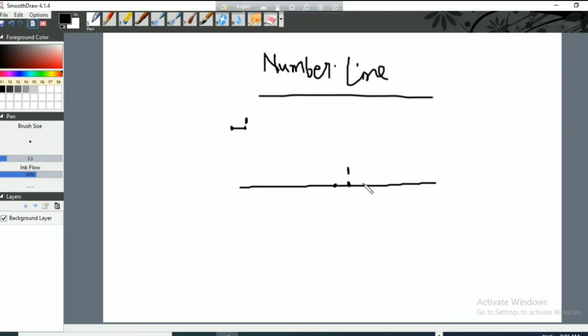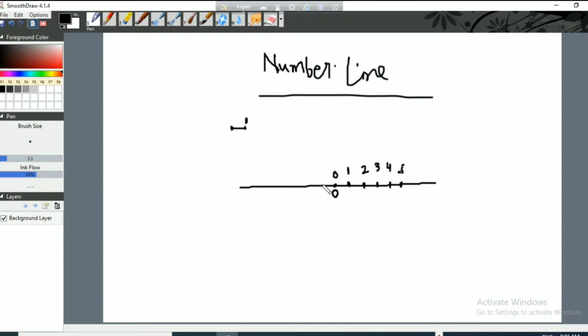Again the same distance, and this point will represent number 2. Again cut the same distance and this point will represent number 3. Again cut the same distance and this point will represent number 4. This point will represent number 5, and so on. This point from where we are starting our journey represents number 0.